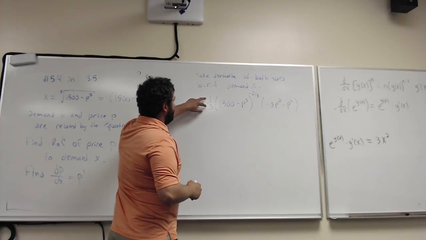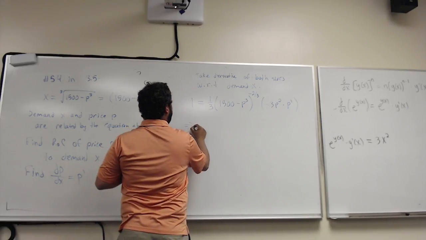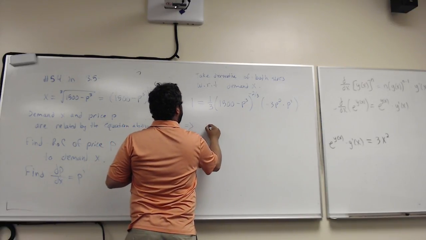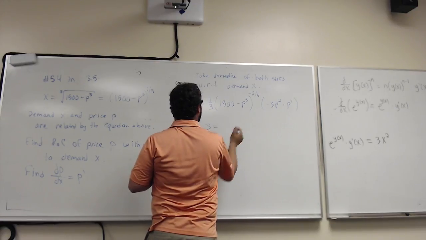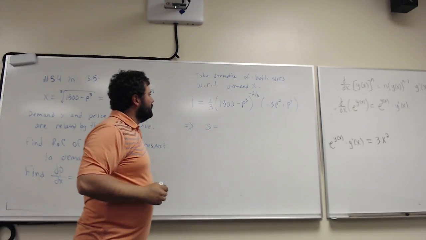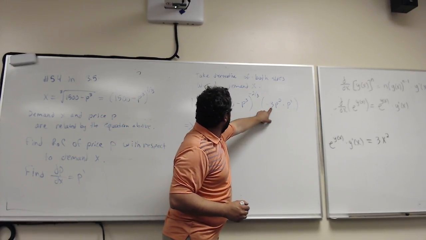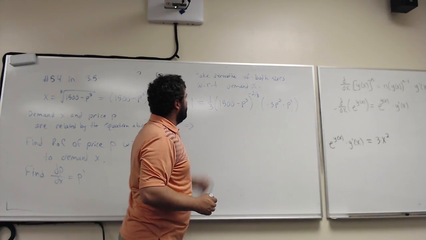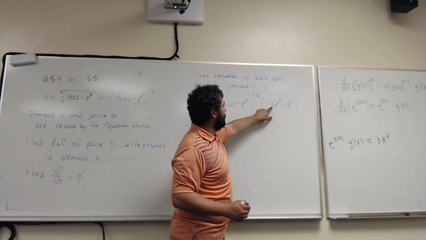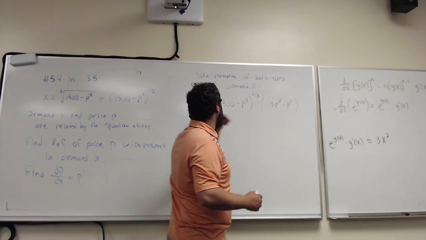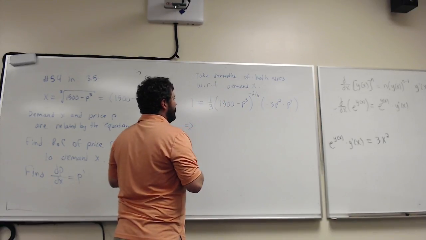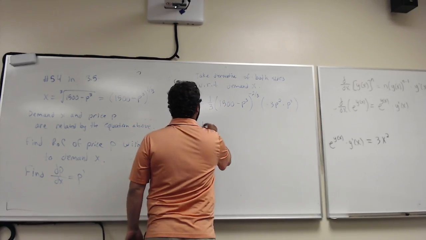You can multiply both sides by 3 for starters. So you get 3 equals, actually, I don't have to do that. I've already got a negative 3 right here. So the 1/3 times negative 3 would just be negative 1. So let me just simplify this.